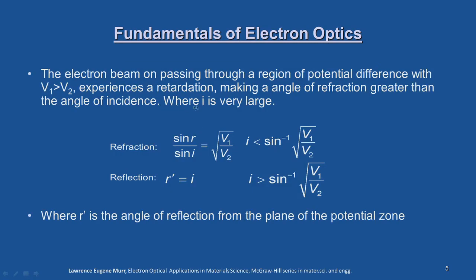For refraction, sin r by sin i equals square root of V1 by V2, where i is smaller than sin inverse of square root of V1 by V2. For reflection, r prime is equal to i, where i is greater than sin inverse of square root of V1 by V2, and r prime is the angle of reflection from the plane of the potential zone.